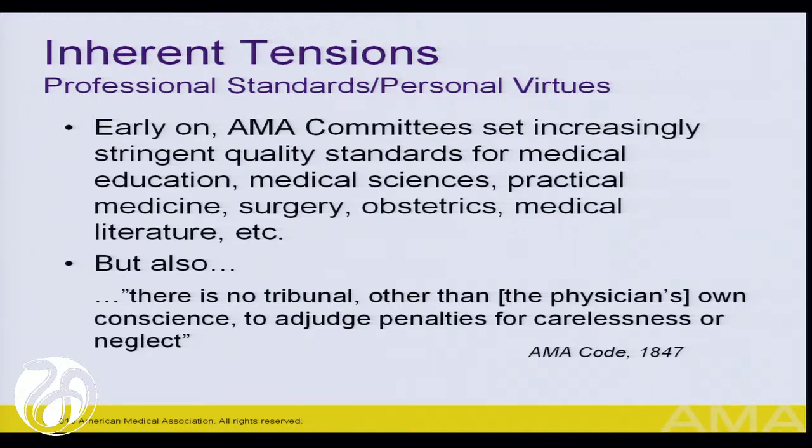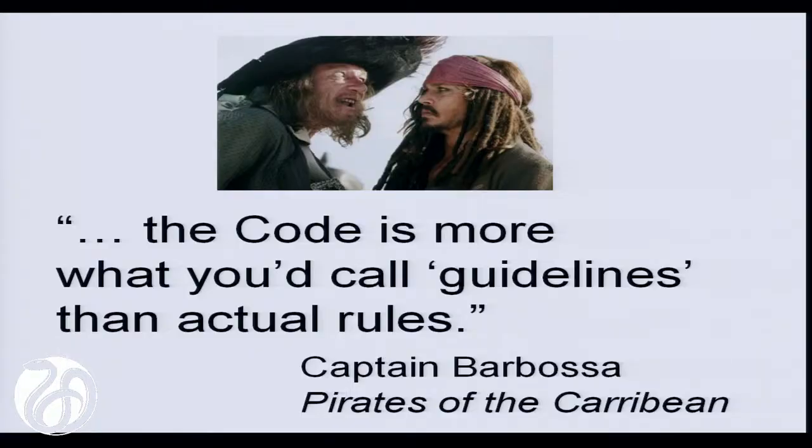And yet, in the Code of Medical Ethics, they say, no tribunal other than the physician's own conscience will adjudge penalties for carelessness or neglect. So they're trying to have it both ways. Here are the standards, but really it's up to you as an individual to decide whether you want to live up to those standards or not. And this leads me to my kickoff quote from Captain Barbosa, who said, the code is more what you'd call guidelines than actual rules.